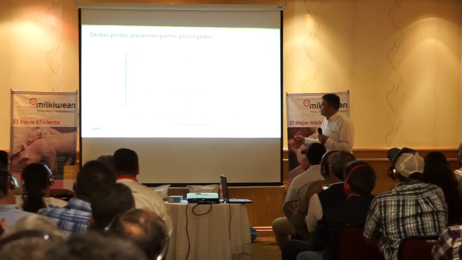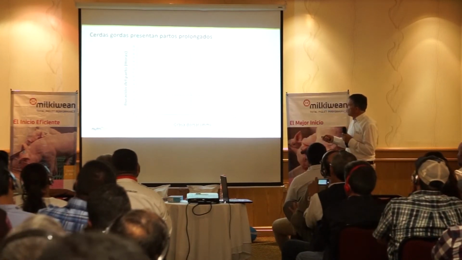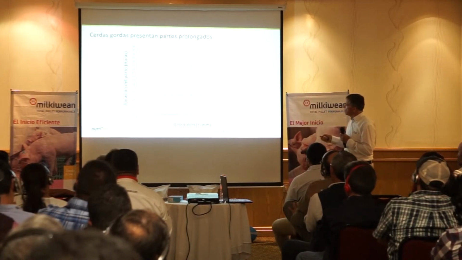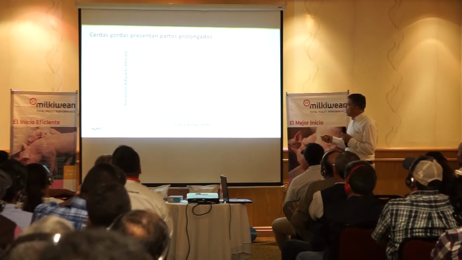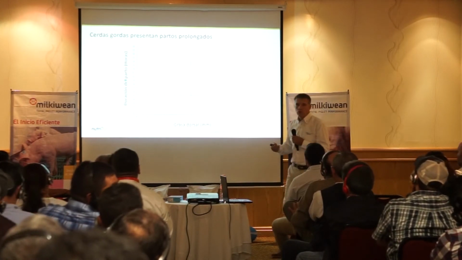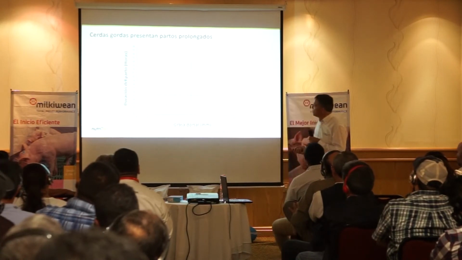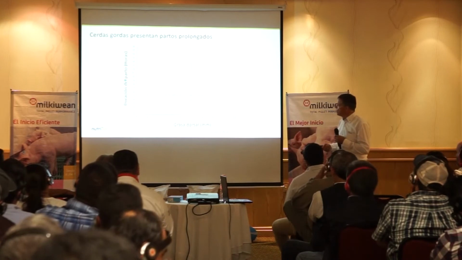And I put here a threshold line at 5 hours, so we have hours, and you see that the sows that had a higher backfat thickness have a higher risk of a longer duration of the farrowing process, and that have a higher risk of stillborn piglets.